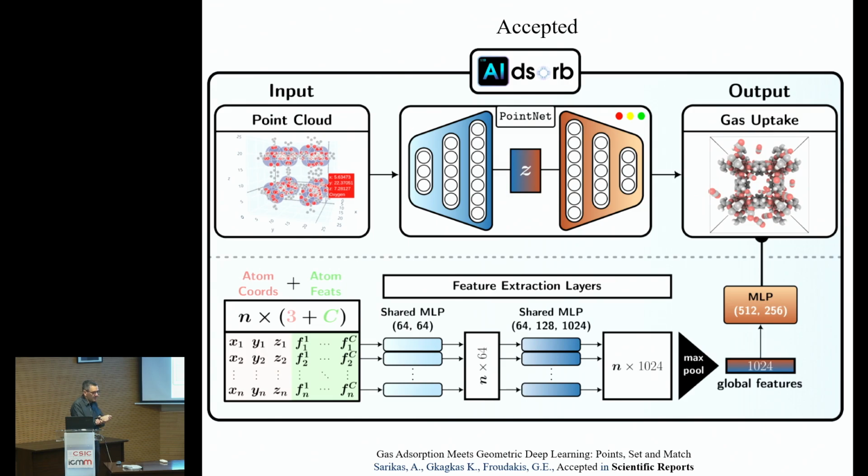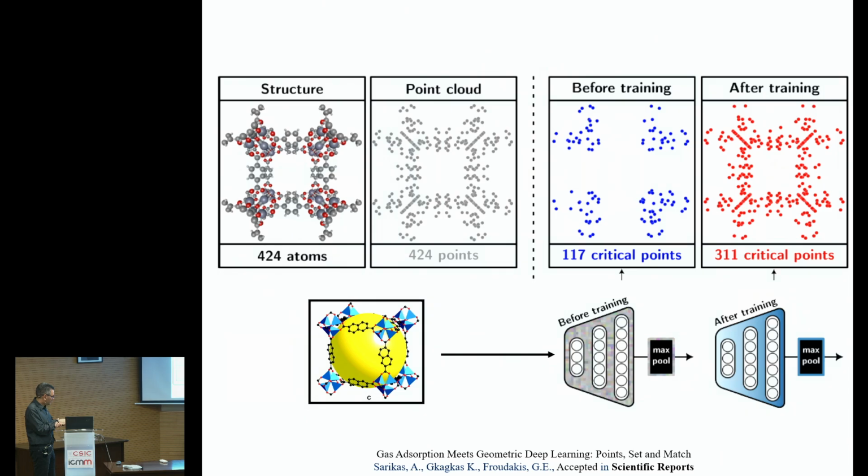So we built a new algorithm that actually takes a point cloud and goes to this architecture called PointNet and gets some gas adsorption. For us, the point cloud is the XYZ coordinates of the material plus the atomic number, and then a lot of processing is done to get the output.